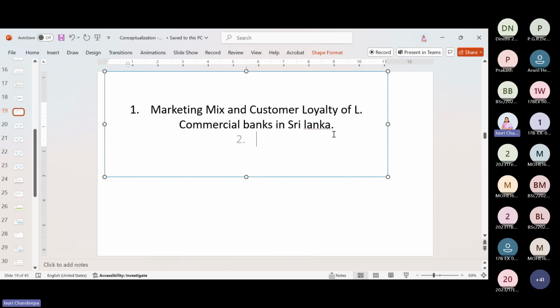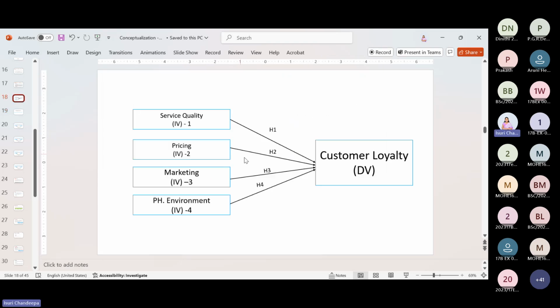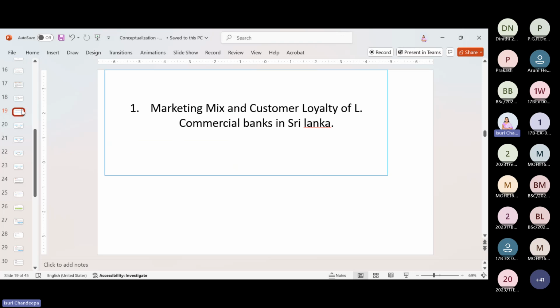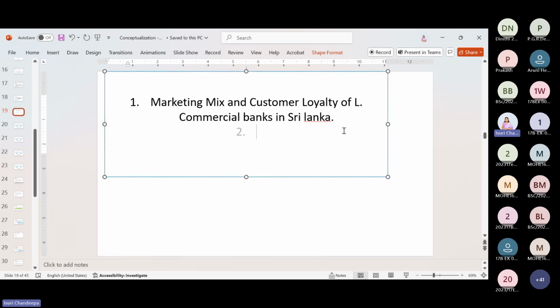The second research topic I am discussing in line with this conceptual framework. So what are the research topics that you can develop? The first one is marketing mix. The second one, what may it be?